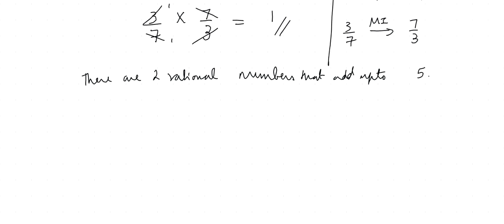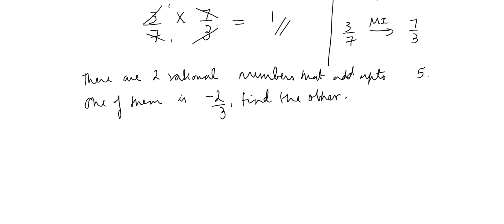One of them is minus 2 over 3. Find the other. This is an English statement. So what do you need to find out? You need to find the other number. Of the two rational numbers, do we know both? We don't. The unknown number, let it be x.